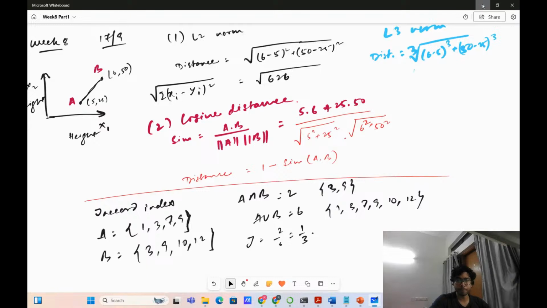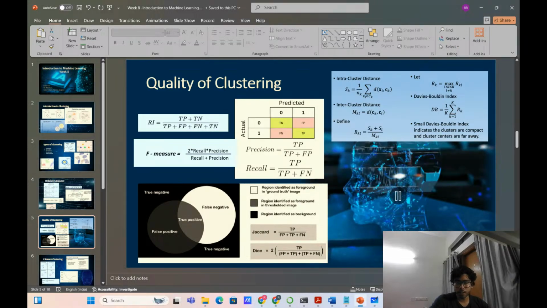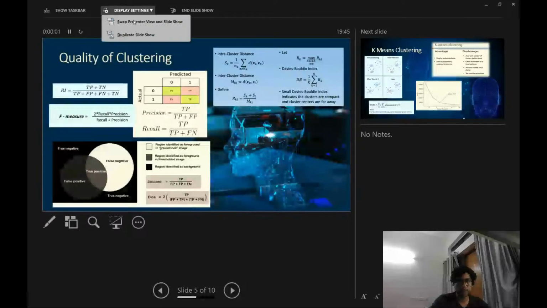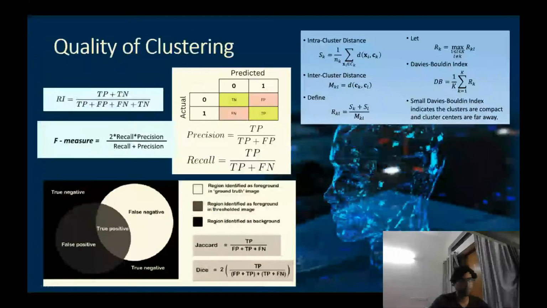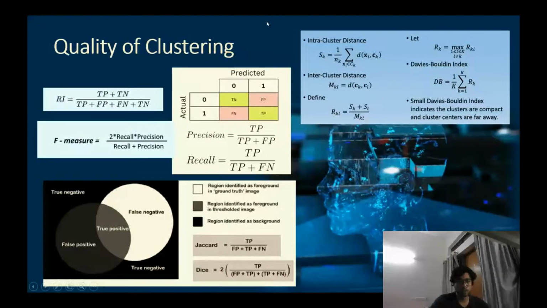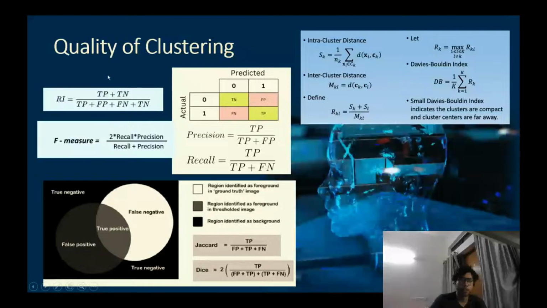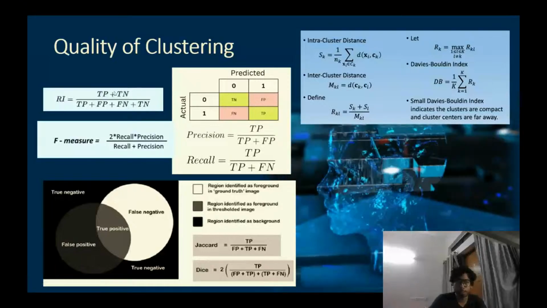Also, if you are given a classification problem, you can calculate the true positives, true negatives, false positives, and false negatives, and then use this formula to calculate the Jaccard index as well. And you can get questions on this.